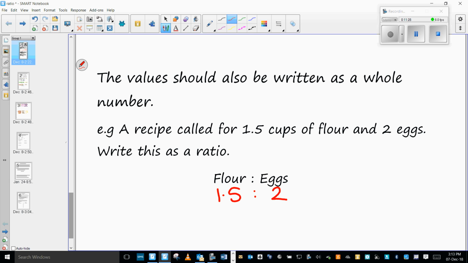We don't want to round it because that's going to change the value. We can multiply it by something or divide it by something, but we wouldn't just round it. So what number could we multiply this by to make it a whole number?